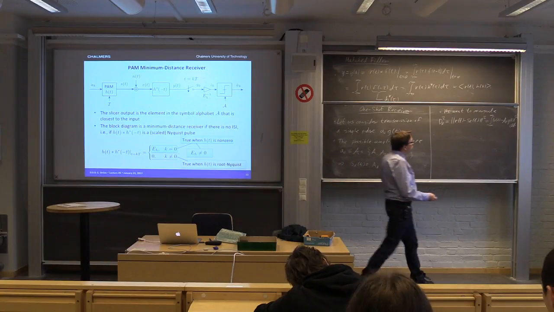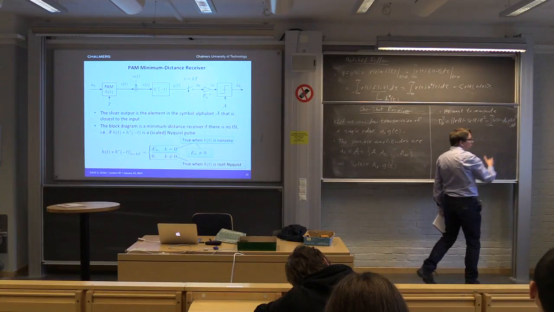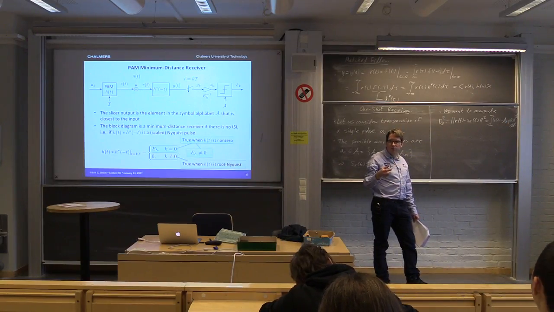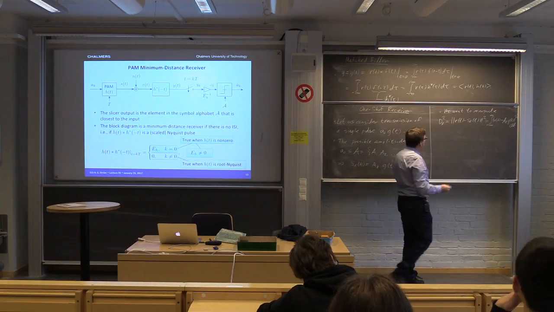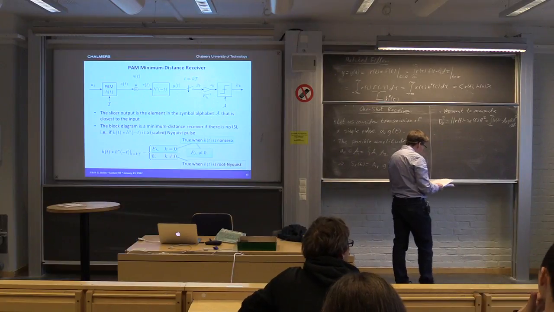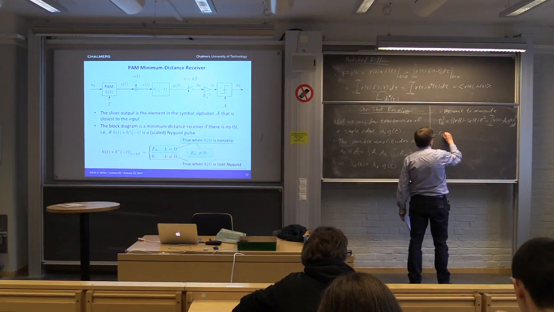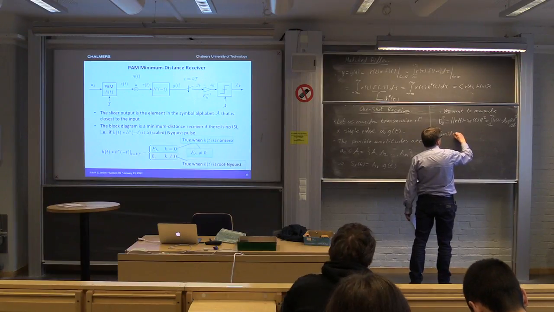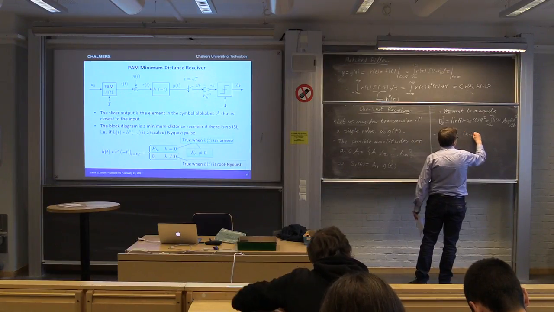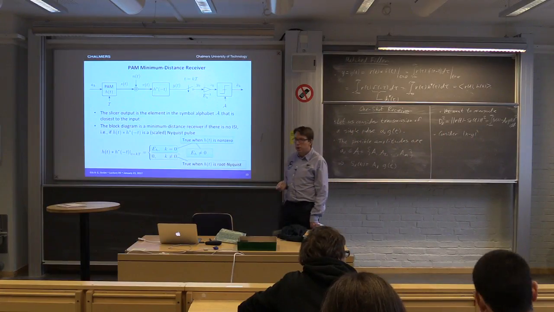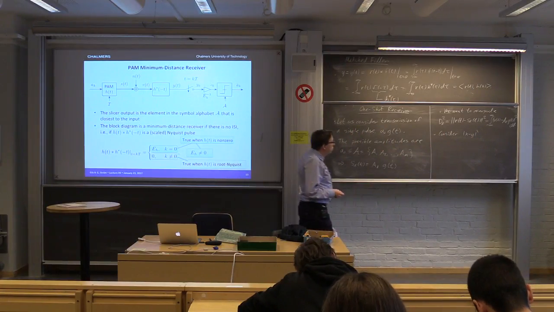Now, what we want to do is simplify this integrand into a form where we can identify the output of the matched filter as part of that. To do that, we do a little bit of a detour and consider the following equation. We take the magnitude squared of x minus y, where x and y are complex numbers. So what is this?